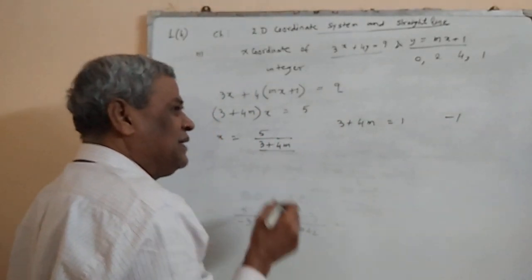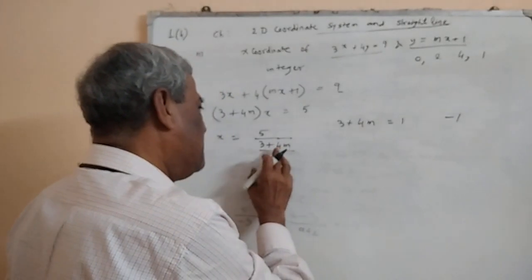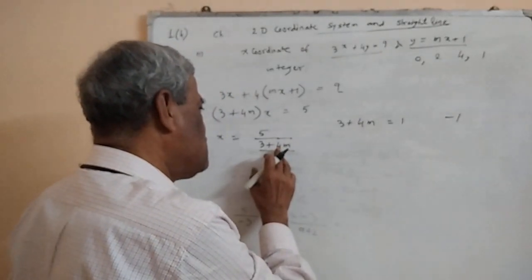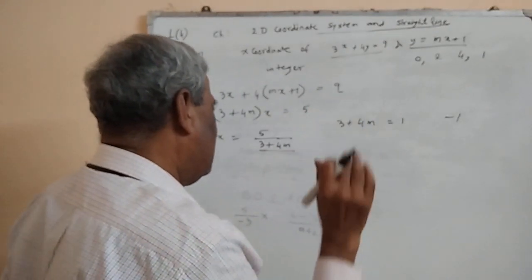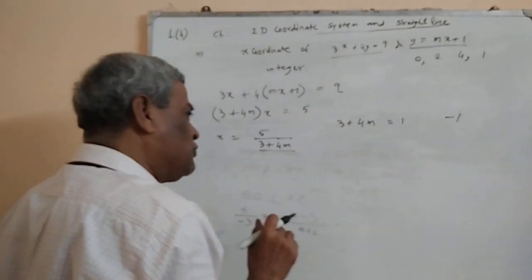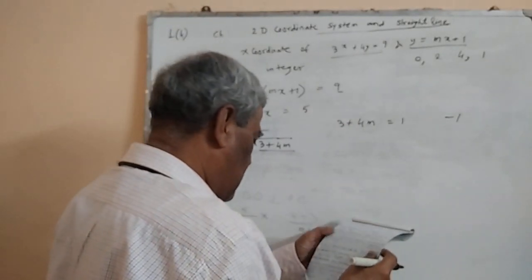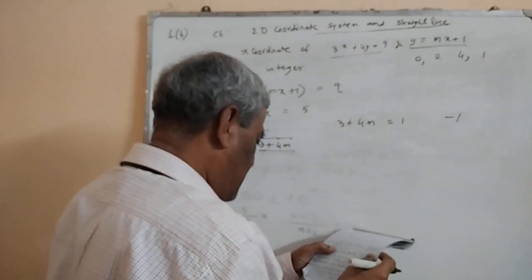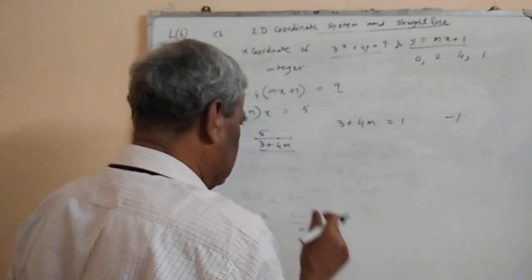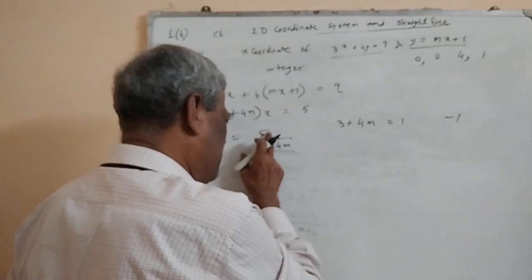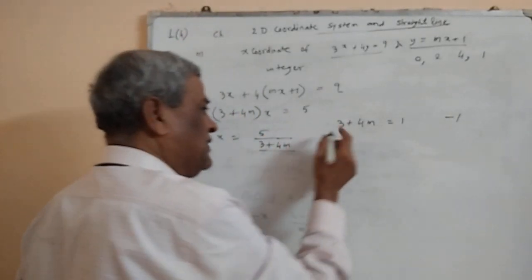So let us see any other possibility, other than 1 or minus 1. Let us see. No. It can be 5 or minus 5.